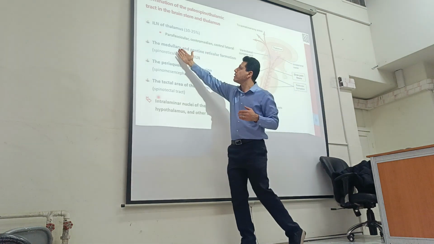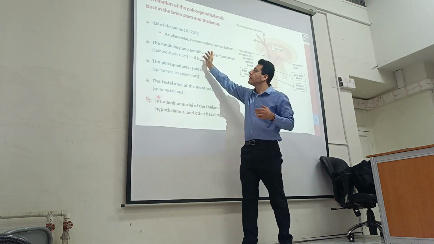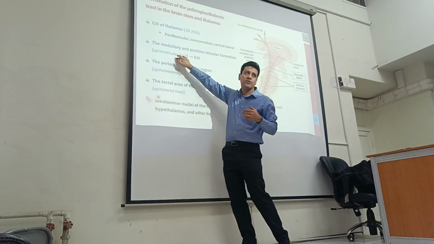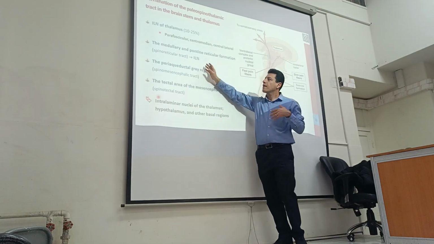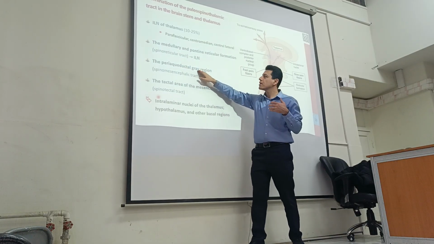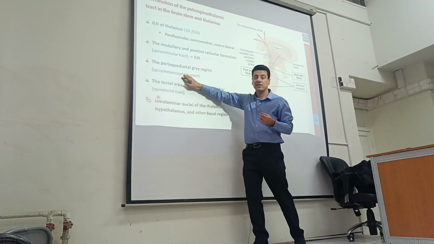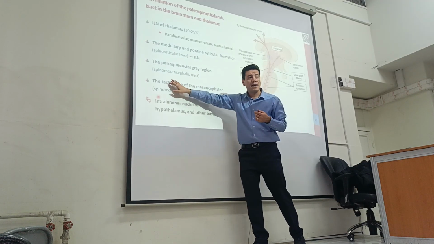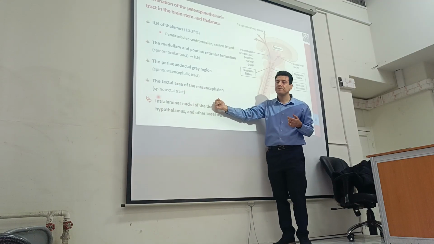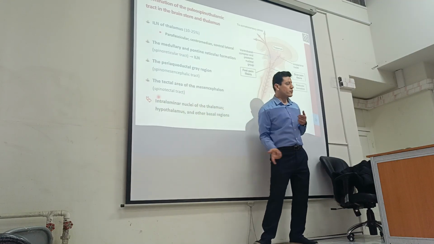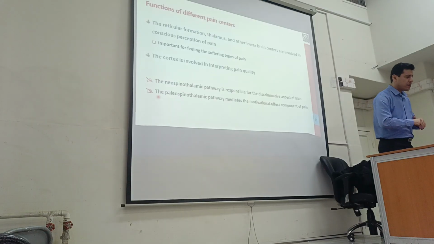Reticular formation of medulla and pons, that is called spinoreticular tract. Periaqueductal gray region is part of the reticular formation, right? Spinomesencephalic tract. Tectal areas in the midbrain, spinotectal tract.